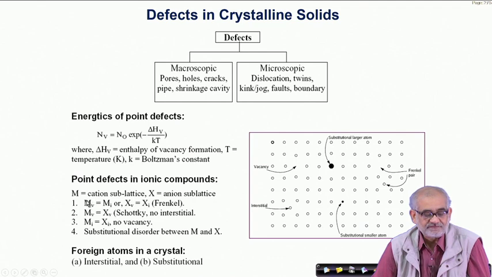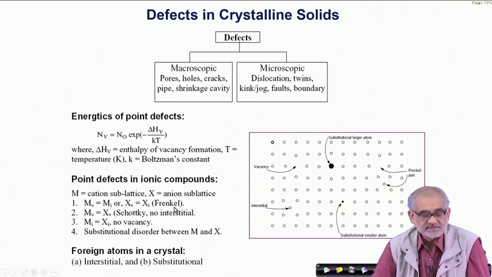So if one of the cations moves to an interstitial position and it balances with a vacancy in another position, then the charge neutrality is maintained, and yet you can have a defect created in the crystal.